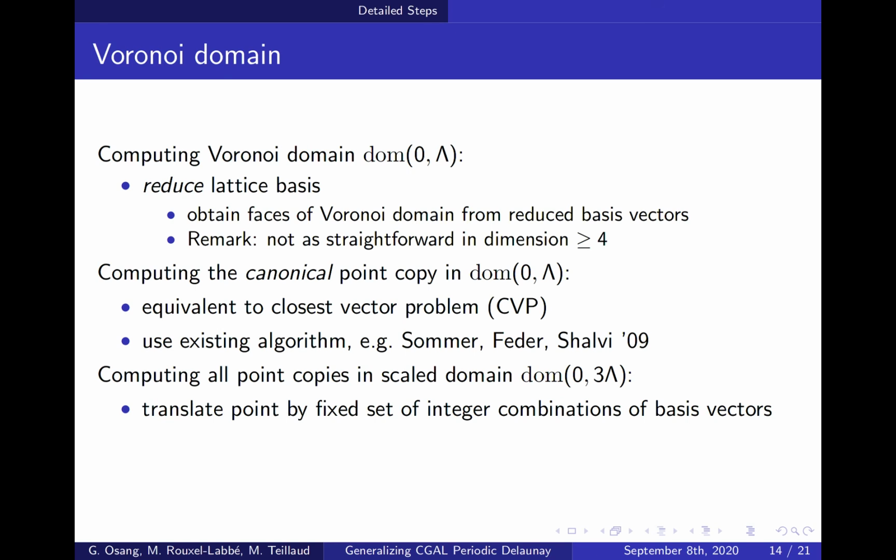If we translate these points along this fixed set of integer combinations and then check these translated points for containment, we will find all these 9 or 27 copies that are within the scaled domain. This fixed set of combinations is 13 in 2D and 75 in 3D.